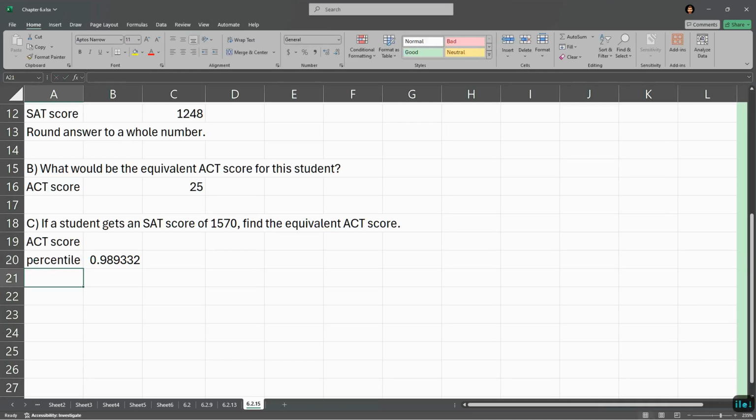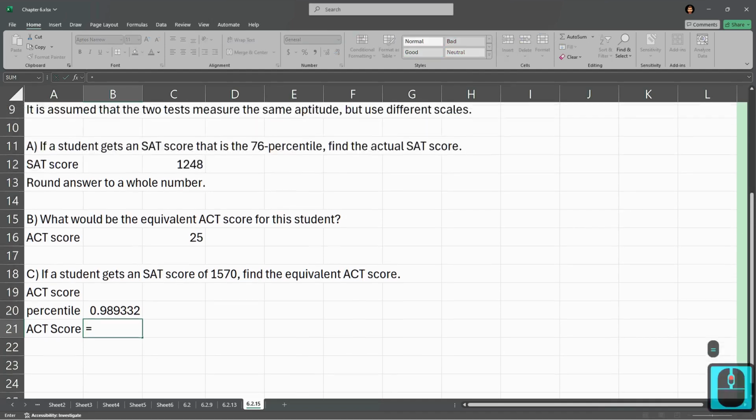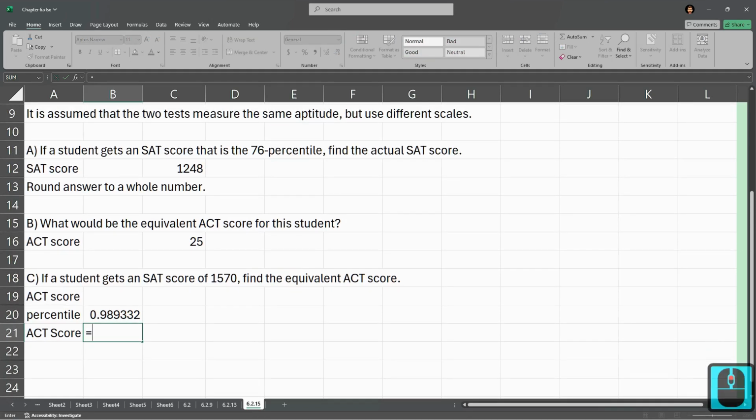So that's the percentile. Let's turn this into an ACT score. Again, norm dot, and we want dist. Nope, we want inverse. I know we don't want dist because the first parameter is the score, and that's exactly what we're trying to figure out. Norm dot inverse.